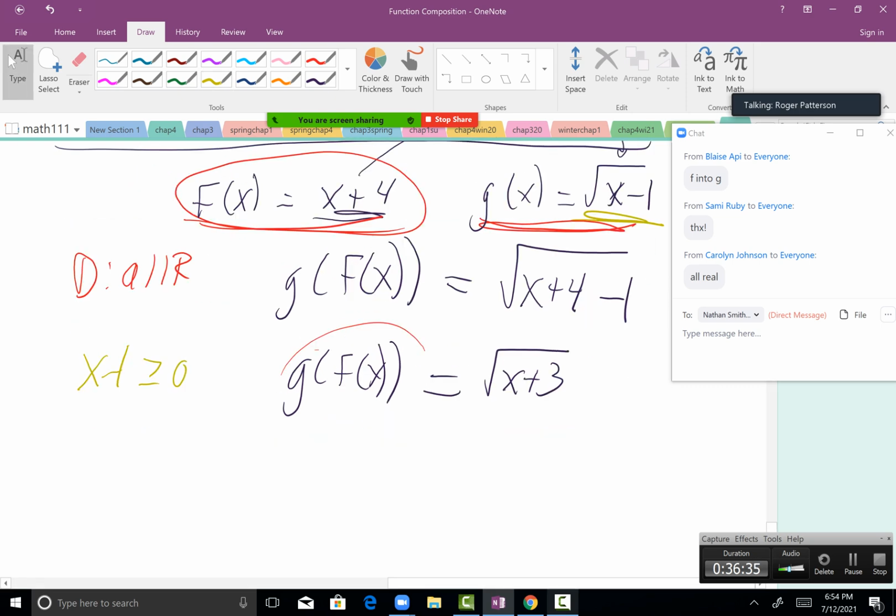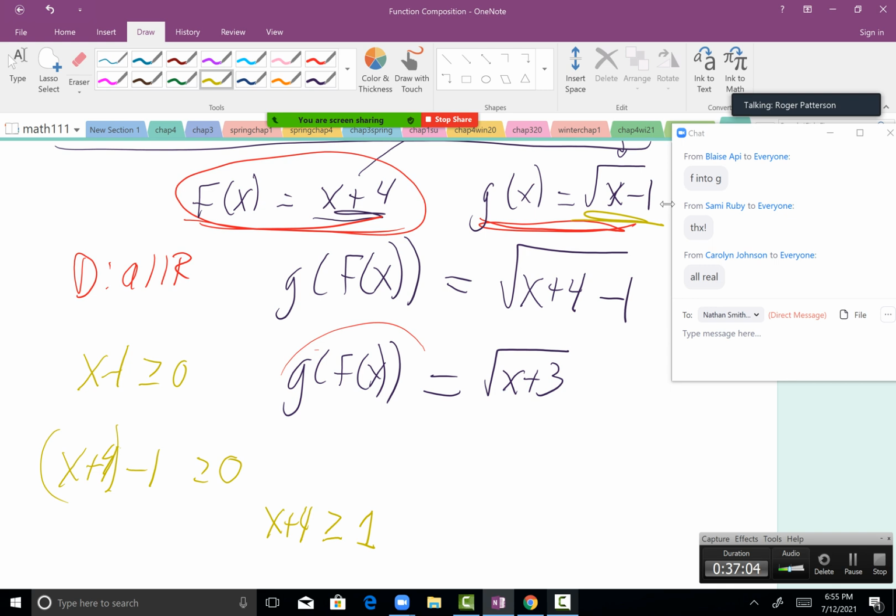So what that means is that this x plus 4 minus 1, this whole thing, has to be greater than or equal to 0. In other words, x plus 4 has to be greater than or equal to 1, because 1 minus 1 is 0, and I can do that.